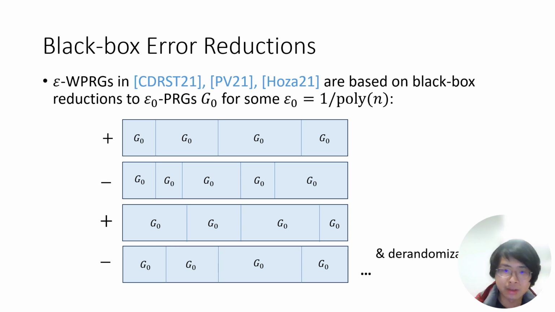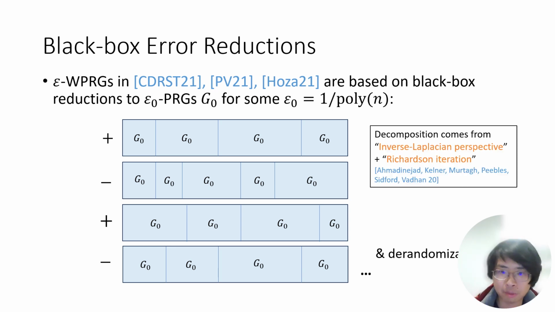It turns out that a proper choice of decomposition would make the blocks align and cancel very well, so that the errors of the base case PRG combine in our favor, which lets us move from a moderate error in the base case to very small error in the final weighted PRG.